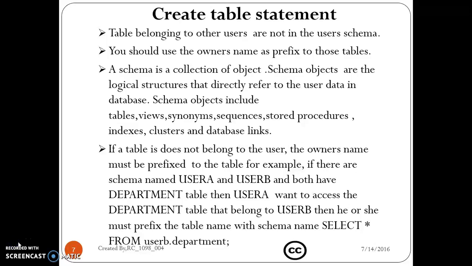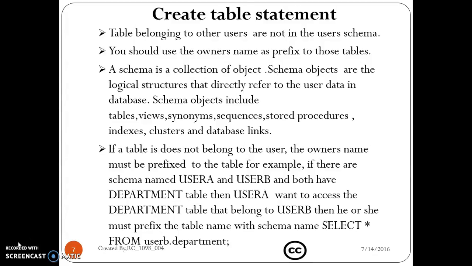Tables belonging to other users are not in the user's schema. You should use the owner's name as a prefix to those tables. A schema is a collection of objects. Schema objects are the logical structures that directly refer to the user data in the database. Schema objects include tables, views, synonyms, sequences, stored procedures, indexes, clusters, and database links.